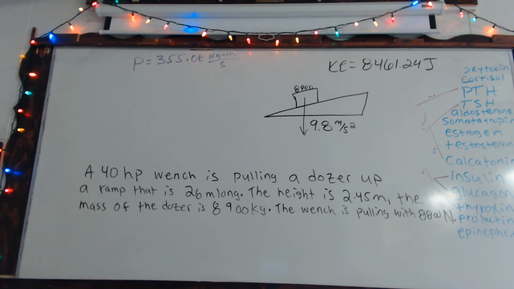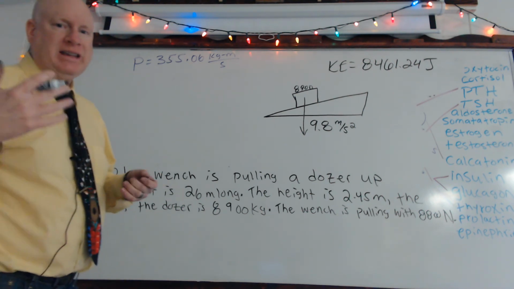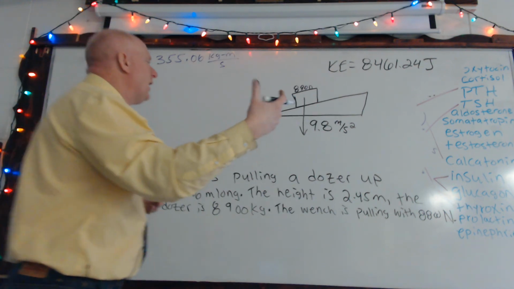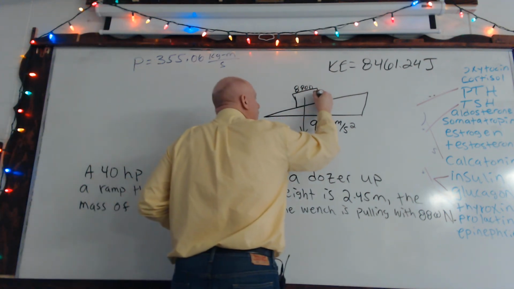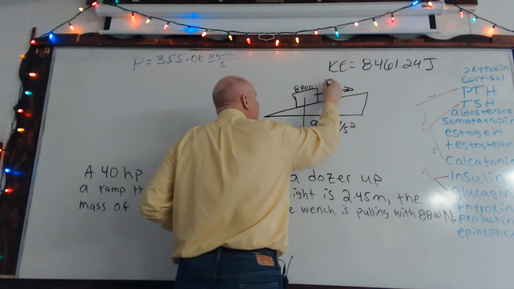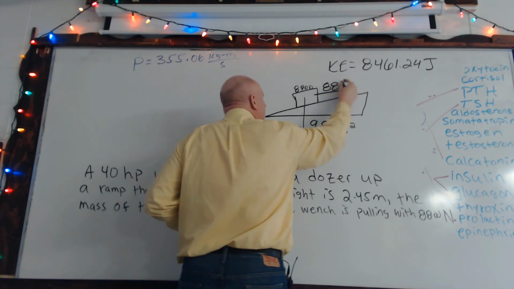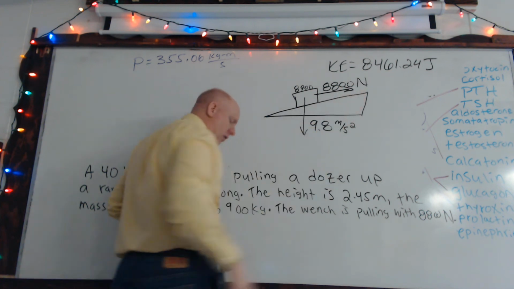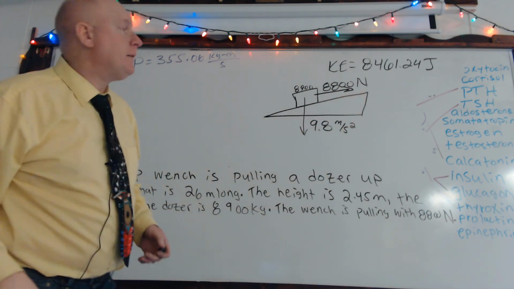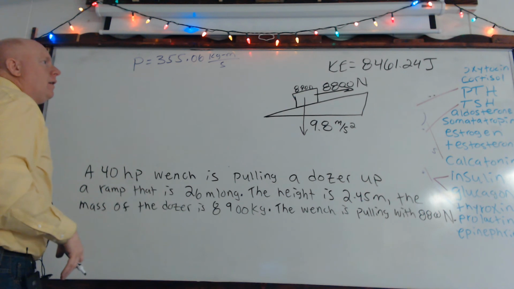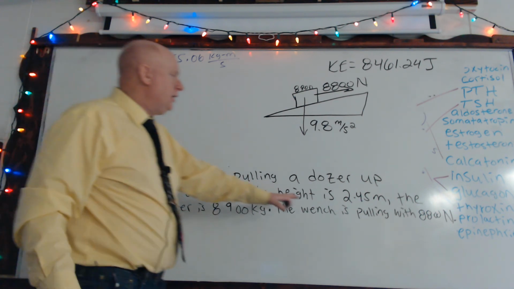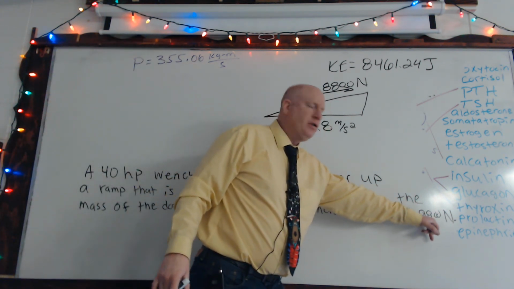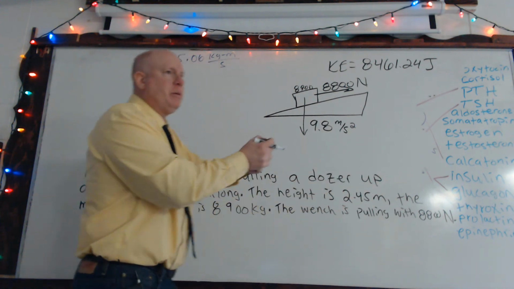And of course, at that point you'd say, yes, it's being exerted on that, so it's being moved in this direction as an effort force of 8,800 newtons. We know it's a force because it's labeled in newtons. So for how long is that winch pulling up that dozer?